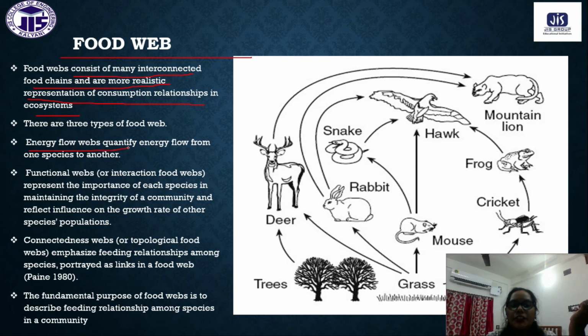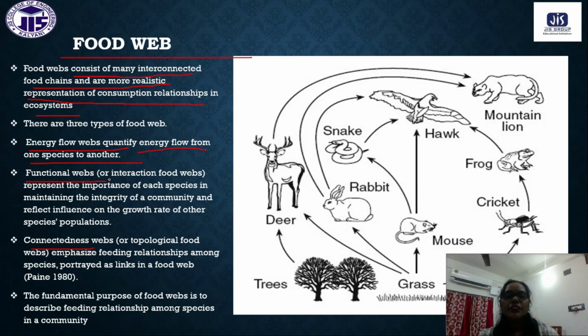Generally, food webs are of three types: energy flow web, functional web, and connectedness web. Energy flow webs quantify energy flow from one species to another. They explain how energy is supplied from one step to another.